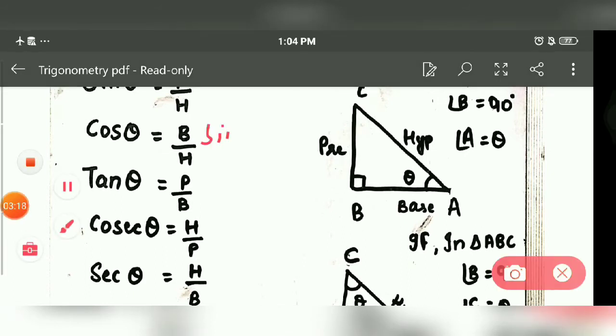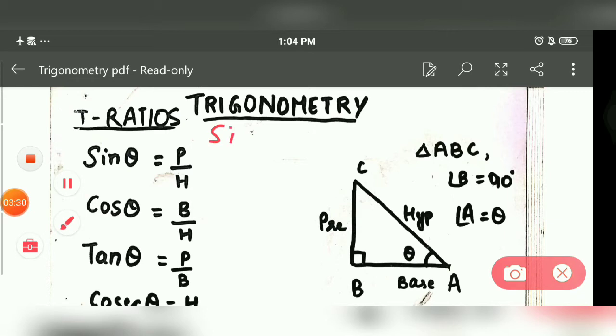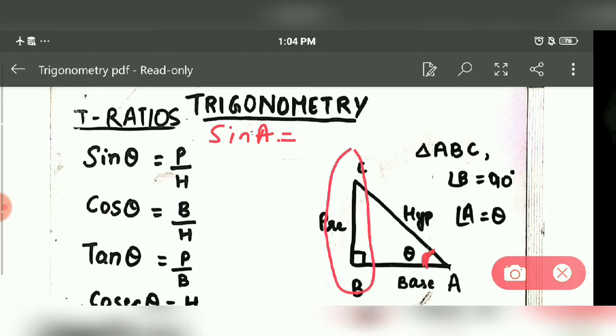So sine of A means we are talking about this angle theta. This is what? Perpendicular by hypotenuse. The formula of sine theta is perpendicular by hypotenuse. If we are taking this angle A, then in this triangle, perpendicular is BC, hypotenuse is AC.